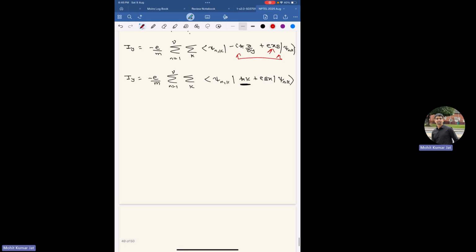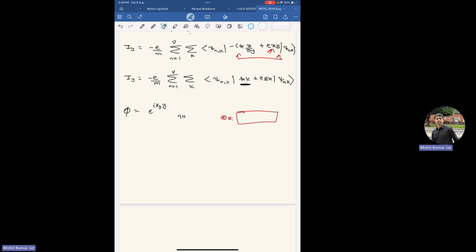If you have a magnetic field applied in the perpendicular direction and you choose your Landau gauge to be Bxy cap, in that case your wave function, instead of psi let me call it phi, will be e to the power i k y y, times the harmonic oscillator function of x.